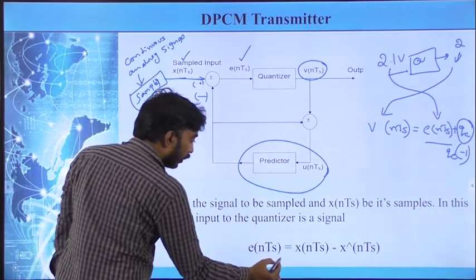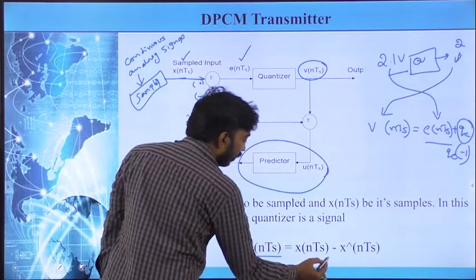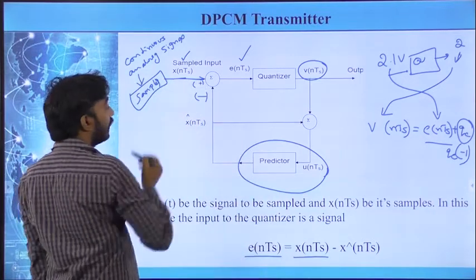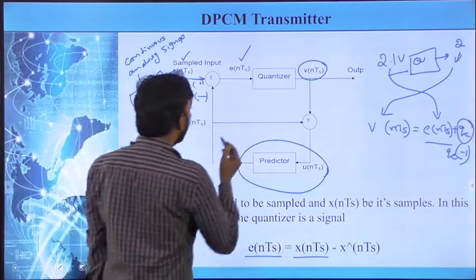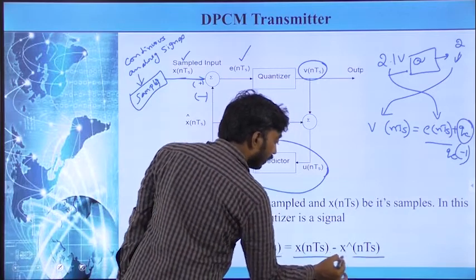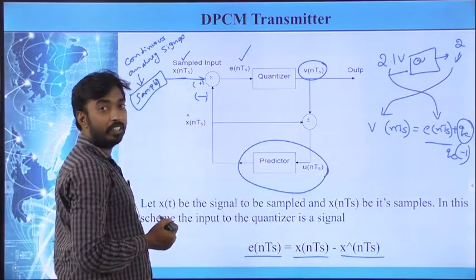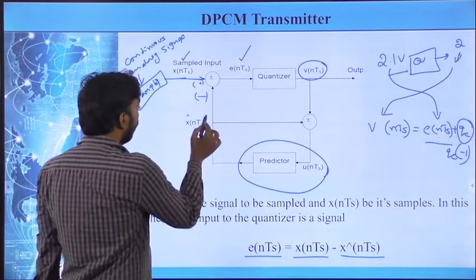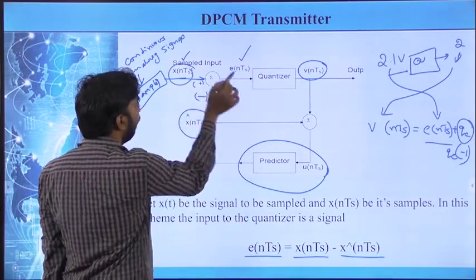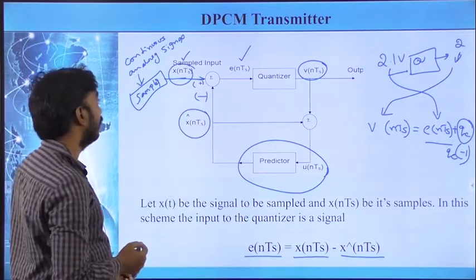E of nTs is equal to the input present sample X of nTs minus X cap of nTs, that is the next sample, right? So if I subtract these two, I will get the error signal, right?